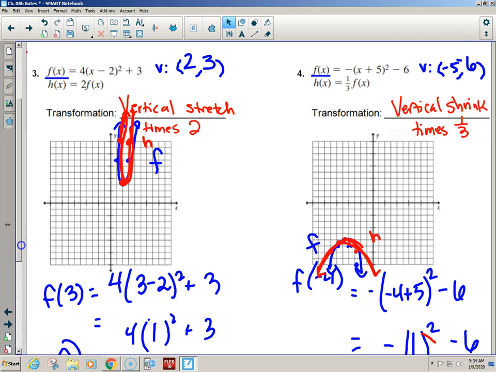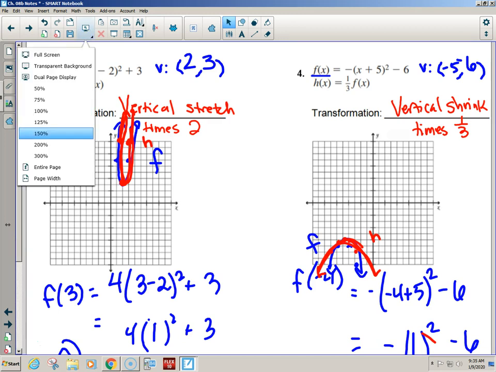So if we're multiplying something by 2, we're doubling it, stretching it. And if it's a 1/3, we're condensing it, shrinking. So that times is showing us it's a stretch or shrink. If it's a bigger number, bigger than 1, then I'm stretching. And if it's something less than 1, like a half or 2/3 or 3/4, we're making it smaller. Is that cool? Right. Yeah.